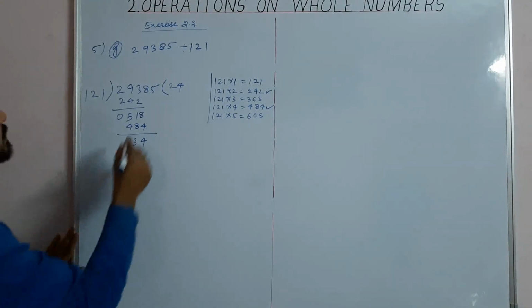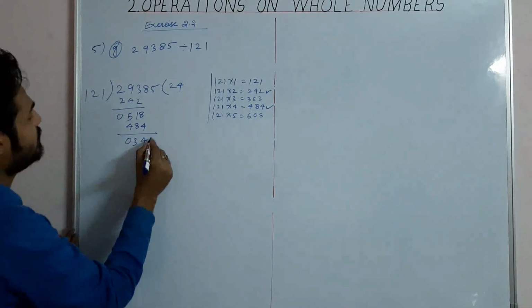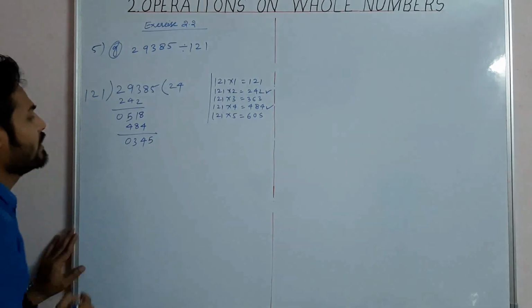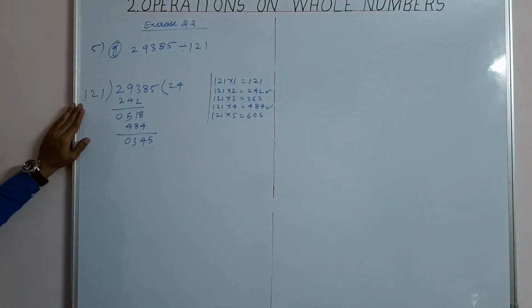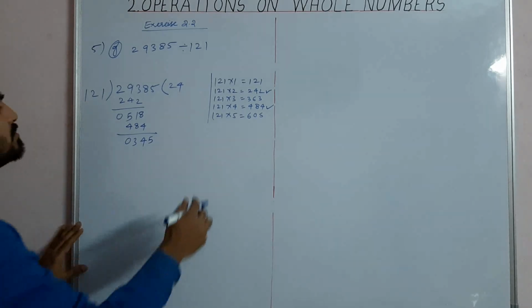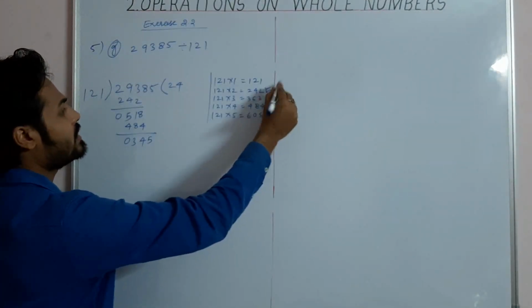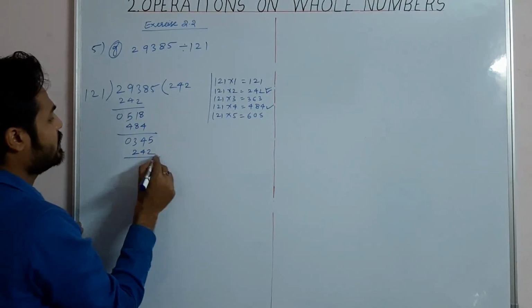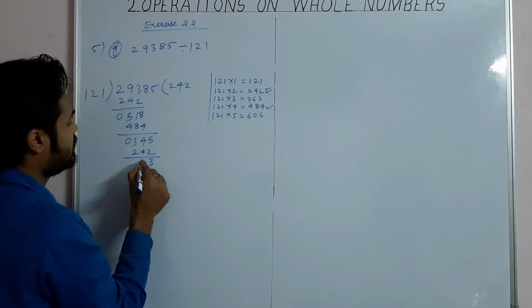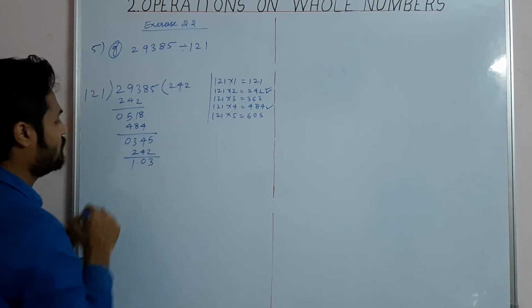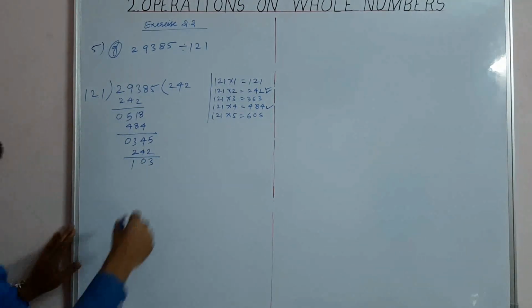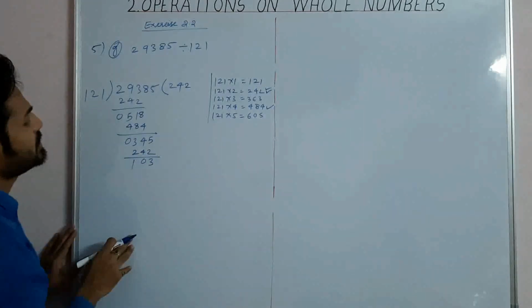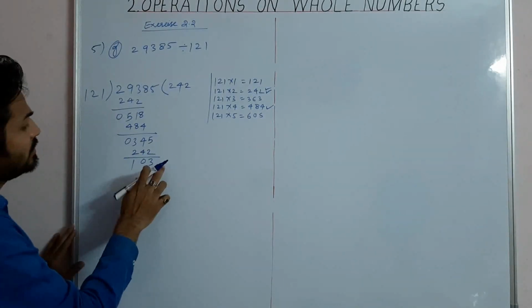Again we'll write 5 because 34 is less than 121. Now the largest number which is less than 345 from the table is again 242. We'll write 2 here and 242 here. So 5 minus 2 is 3, 0, 1. So here 242 is our quotient and 103 is the remainder.